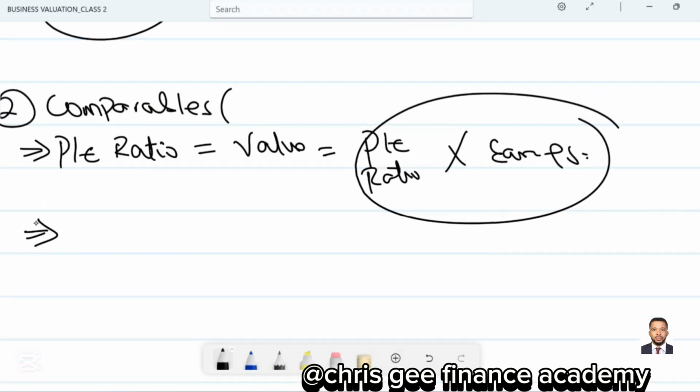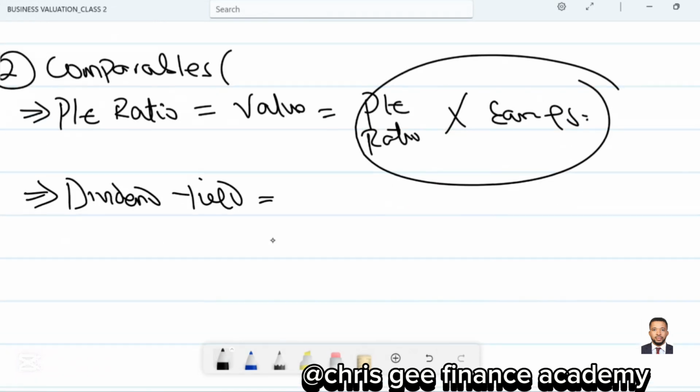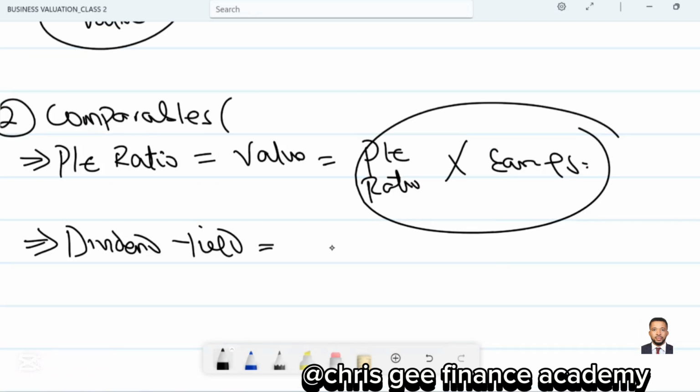Next is what we talked about, what again? Dividend yield. How do you calculate dividend yield? DPS divided by what? MPS.